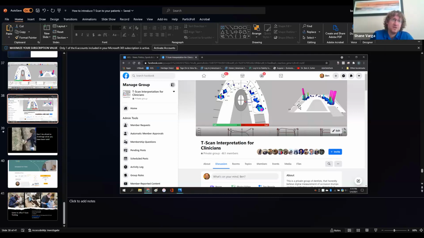We have another question here. Do you treat the infected tooth, as shown in the presentation, before going for occlusal analysis with T-scan? Yeah, I would.